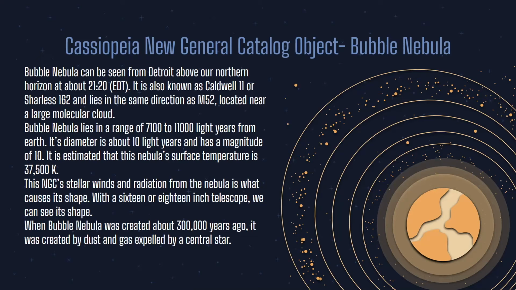Also, stellar winds and radiation from the nebula's central star are what cause its shape. With a 16 or 18-inch telescope, you are able to see the shape of the Bubble Nebula. It was created about 300,000 years ago by dust and gas expelled from the central star.